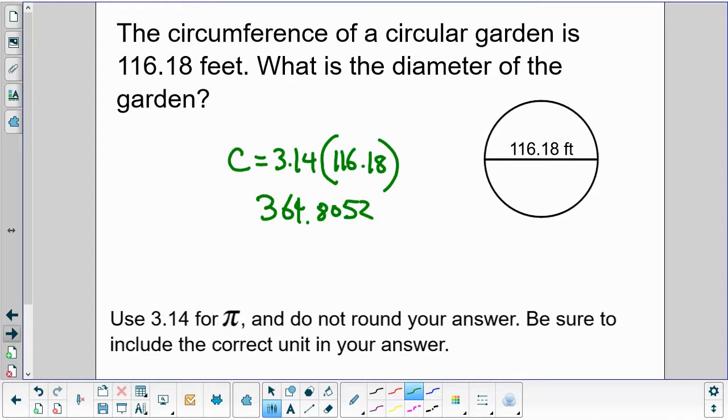But we've actually got 364.8052 feet for our circumference, and the 116.18 you see in the circle was, in fact, the diameter, not the circumference. Okay. So let's see if we can do better on the next problem.